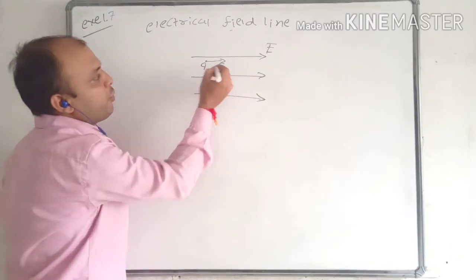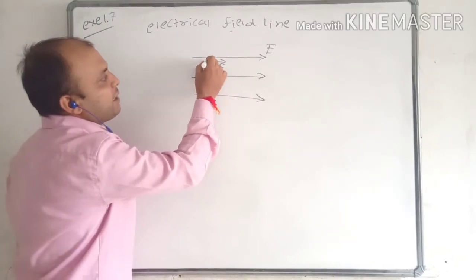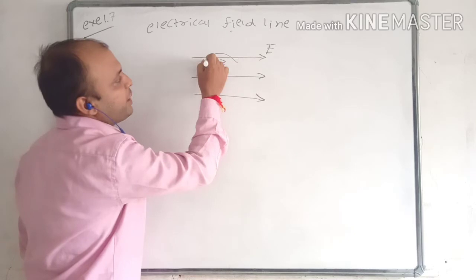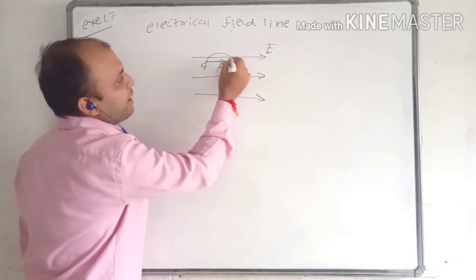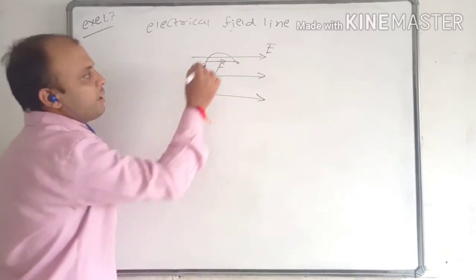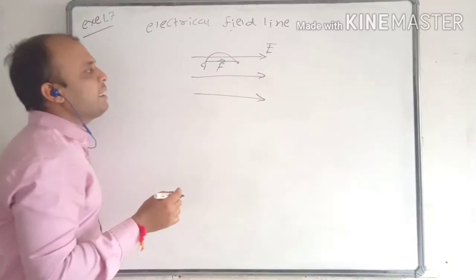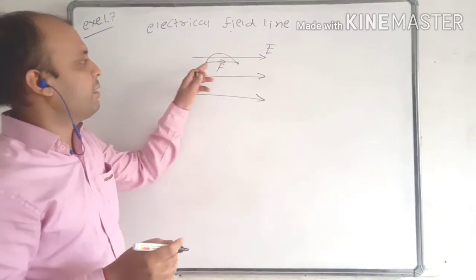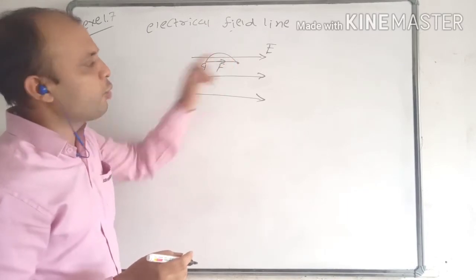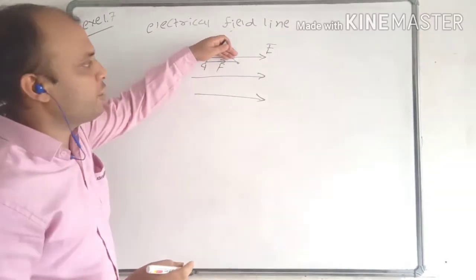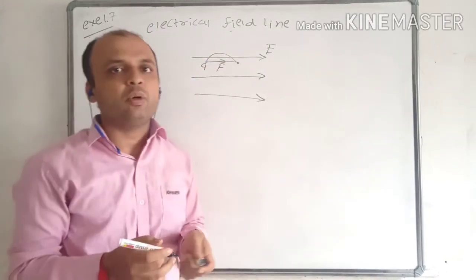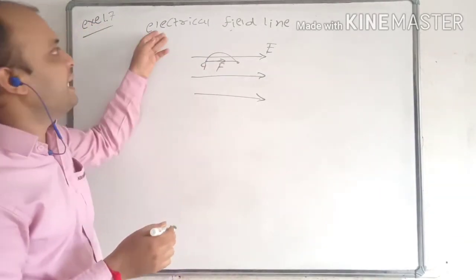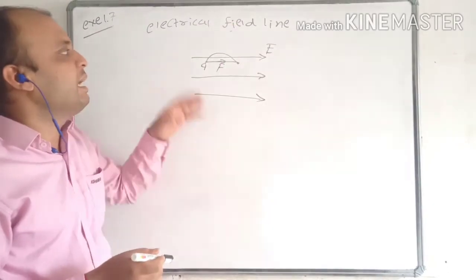But due to this force, what happens? This charge cannot be transferred from here to here directly. It will go this way. So this is the continuous way. So an electric charge goes from one place to another by continuously traveling. It means the electric field line is continuous.